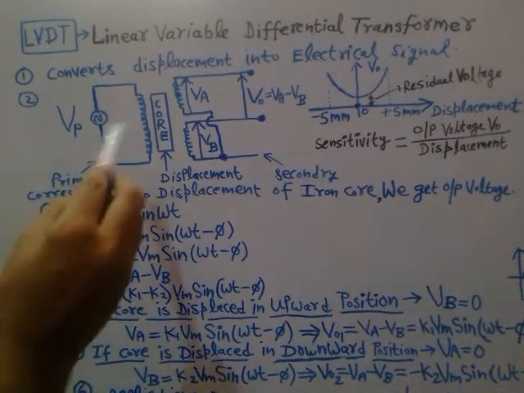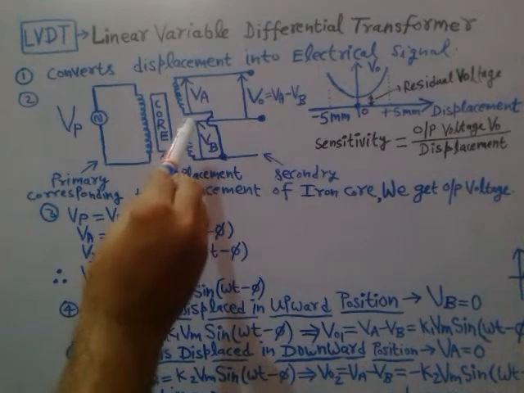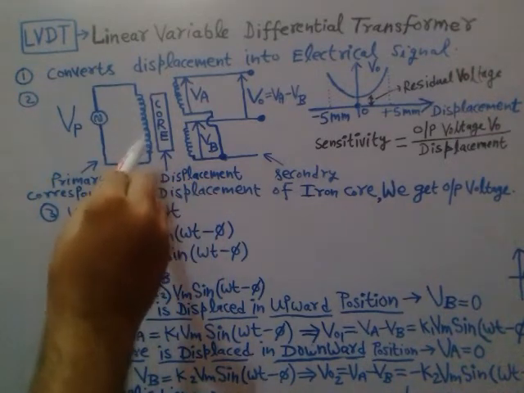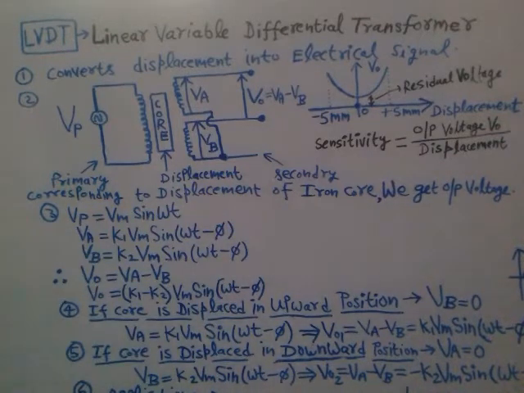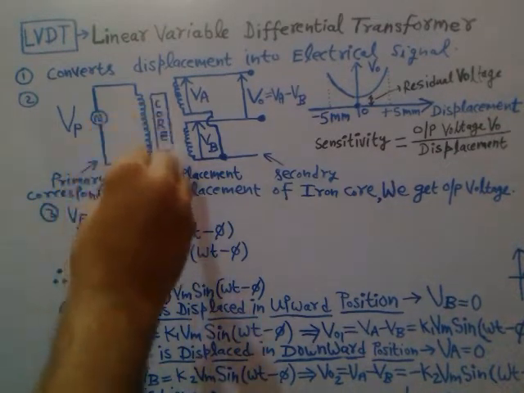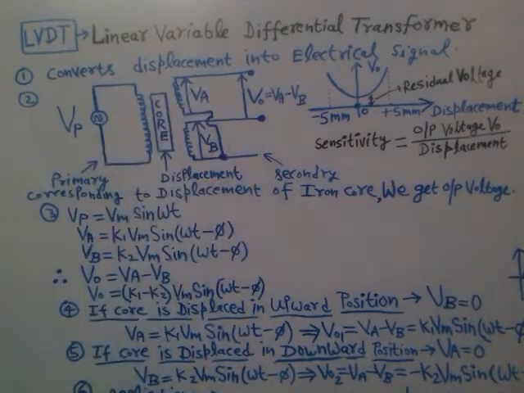This core is used to couple the magnetic flux lines of the primary winding with the secondary winding. So wherever this core is displaced, there you will get the output voltage, right?